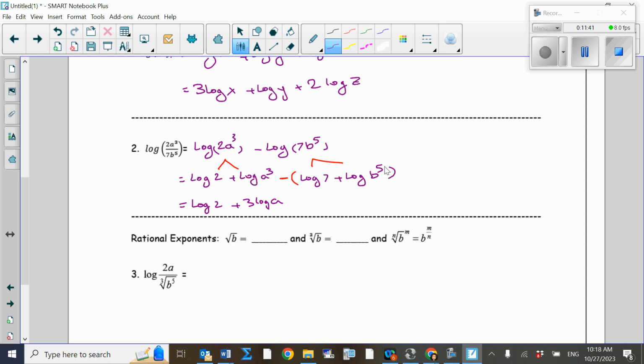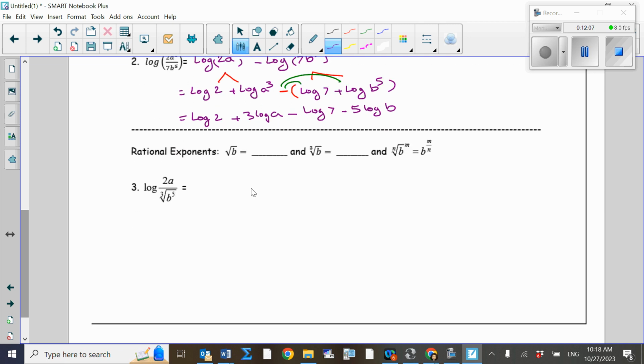And then I can also move the 5 here to the front of the log, but also I'll keep in mind that there was a negative here. So I have to distribute the negative into these two terms as well. So that's going to be minus log of 7 minus 5 log of b. So that's the expanded.